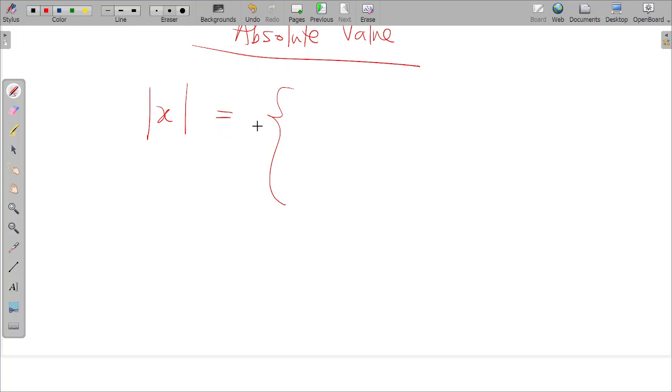The absolute value is defined such that the absolute value of x is x if x is greater than or equal to 0, and negative x if x is less than 0. Here x is greater than or equal to 0, but here x is less than 0.